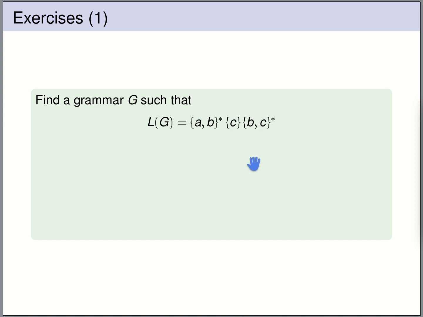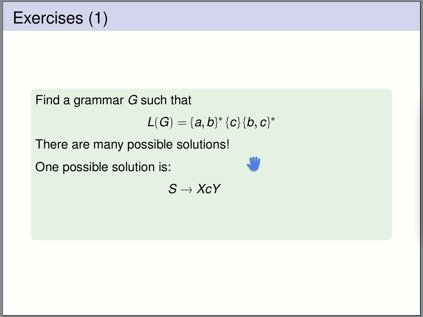So there are many possible grammars for this language. If you try to solve this and you come up with a different solution than I'm showing on the slide, that's perfectly fine. It's just one of the possible solutions that I will suggest on the slides. So what's the idea of the solution that I use here?